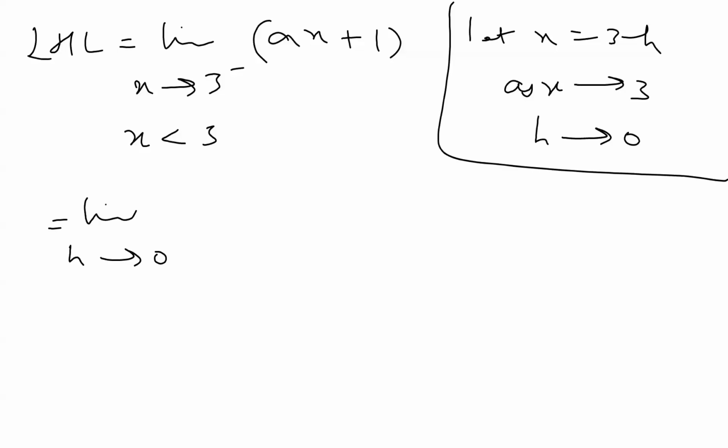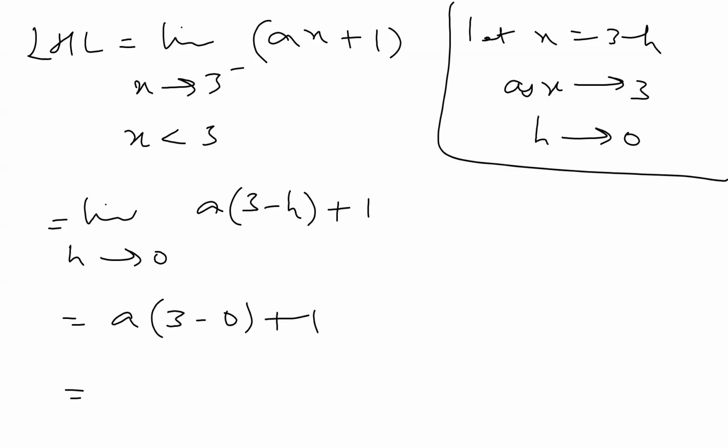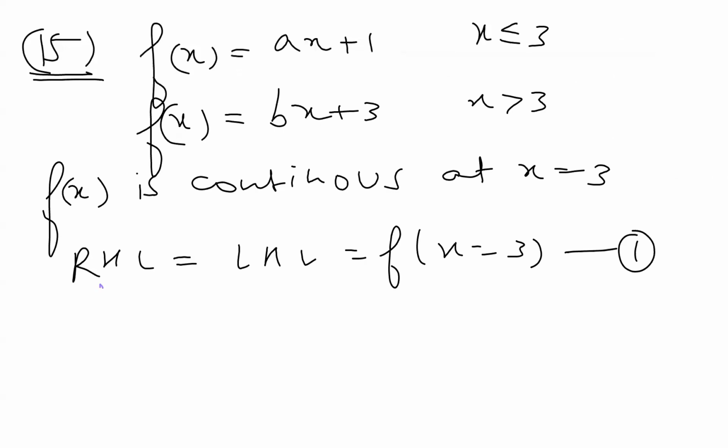So limit h approaching towards 0, a into 3 minus h plus 1, a into 3 minus 0 plus 1, 3a plus 1. Okay, so we got LHL, we got RHL. So RHL is 3b plus 3 and LHL is 3a plus 1.